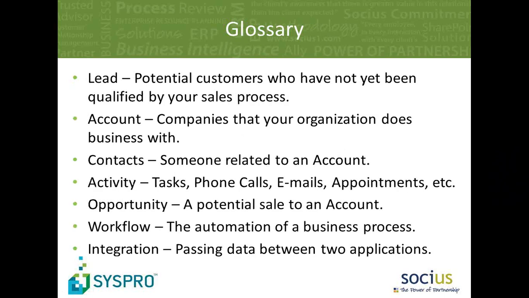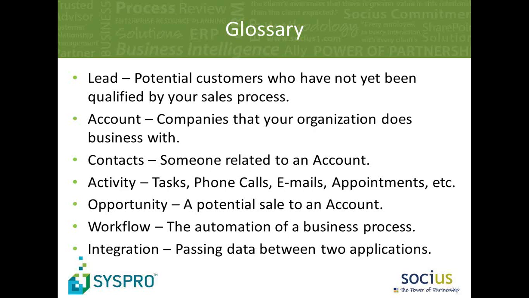Starting off with our glossary, we're going to look at each of these activity types and processes, or record types and processes, as we go through our webinar today. The first one is a lead, and that's a potential customer who has not been qualified by your sales process.